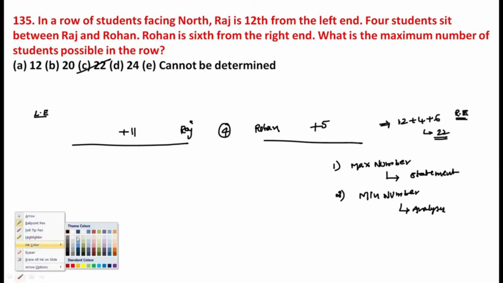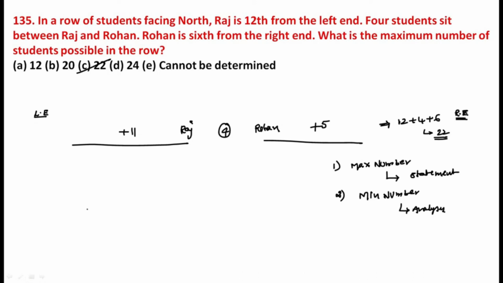Guys, if you want the minimum number, you just place Rohan before Raj. That is the only case where you can get the minimum. So you need to satisfy every statement. For example, here there is Raj. Before Raj, there are 11 persons. And there are 4 persons between Raj and Rohan: 1, 2, 3, 4. Definitely I can place Rohan here.